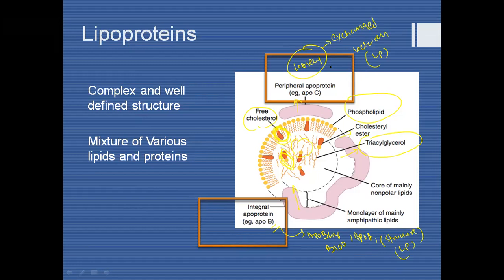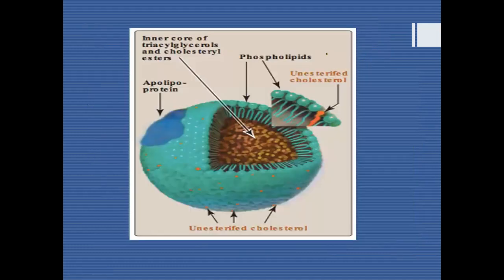In contrast, the peripheral apoproteins are mainly responsible for the activation of certain lipoproteins, and they are easily exchanged between lipoproteins such as HDL and LDL. So this is the same picture showing the structure of lipoprotein.